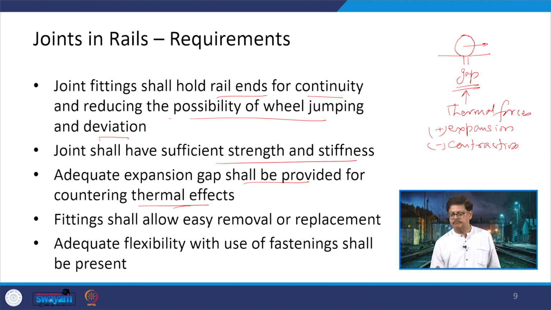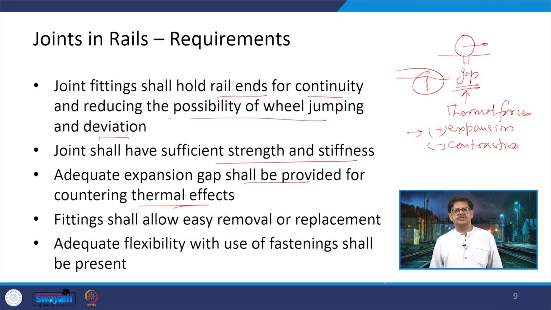The gap should be such that whatever that movement is, it should not happen that as soon as the expansion has happened, the gap is closed, and when it closes, there is always a possibility that due to the higher stresses, the joint will look like this. So, a kink may get created at this particular location.